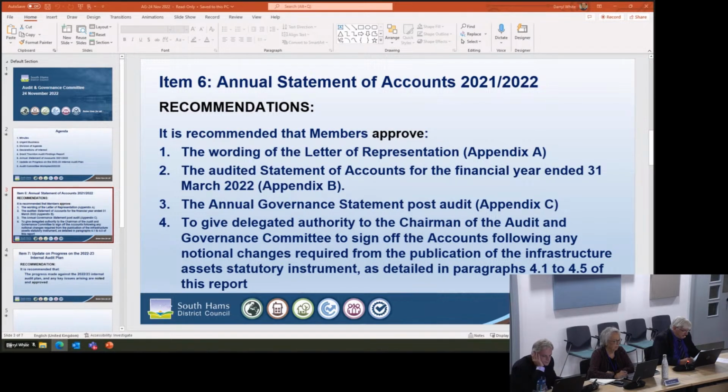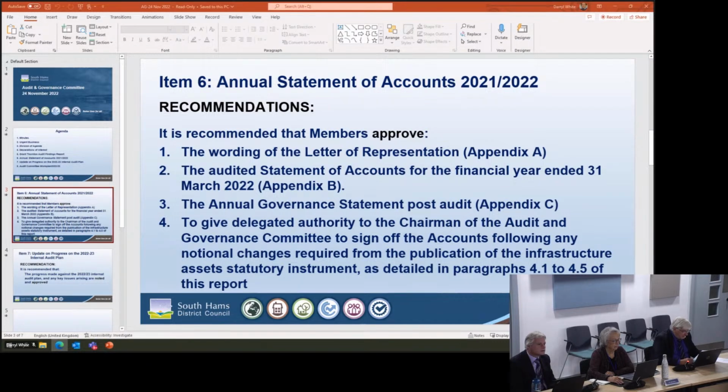I am pleased to say that apart from a few minor disclosure and misclassification changes, the 2021/22 audit hasn't identified any adjustments to the draft accounts, which were considered by the Audit and Governance Committee in September. Therefore, the audited accounts for 2021-22 presented to members today are essentially the same set of accounts which the Audit and Governance Committee considered at their meeting in September.